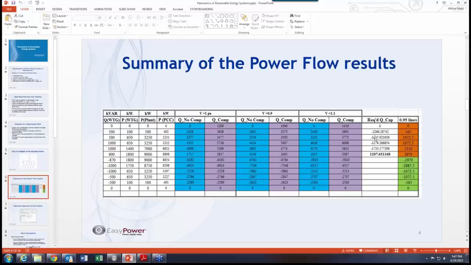Here you still have some extra, even though the number is coming down. And again you have some extra reactive power, and this one is again a negative number, and here it becomes a positive number. That's where you don't meet the requirements, and that means that you would need to place or add a cap bank of this size to your system.